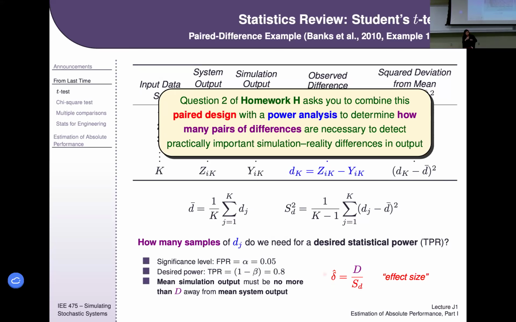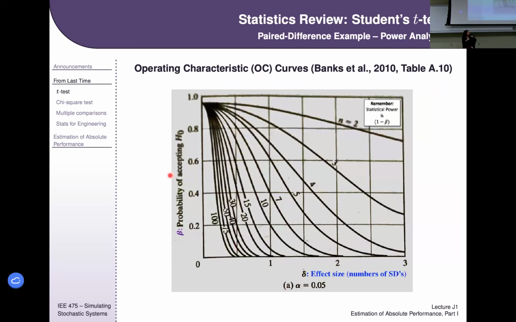And then you go back to the back of the book and you'll look up these operating characteristic curves. And those will allow you to say, for what power do you want? Well, 80% power. Well, that's a 0.2 type 2 error. And for a delta of 1.5, that intersects around here. Now, if that happens on your homework, where it's in between these two lines, you're going to have to do a little bit of guesswork.